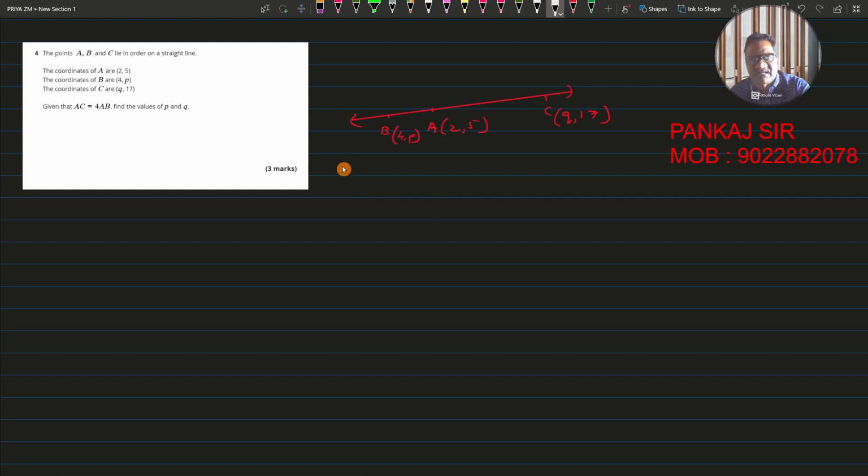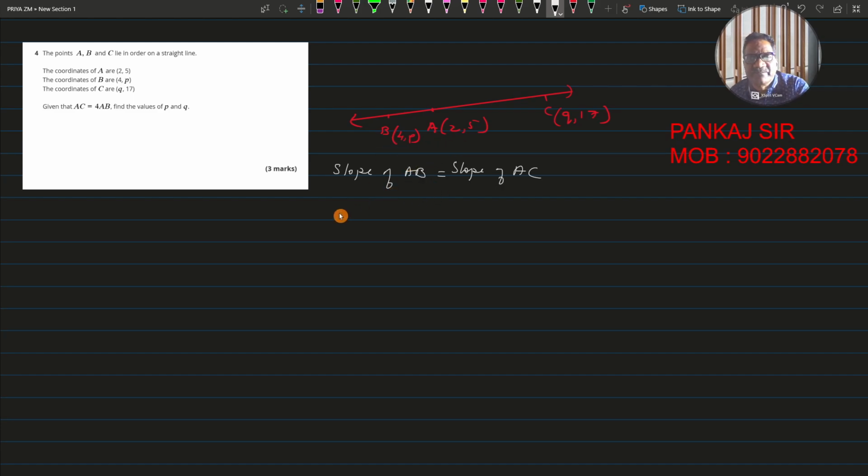Now first, because all these 3 points are on the same straight line, we can say that the slope of AB equals the slope of AC, right? This is true. Now let us find the slope of AB.